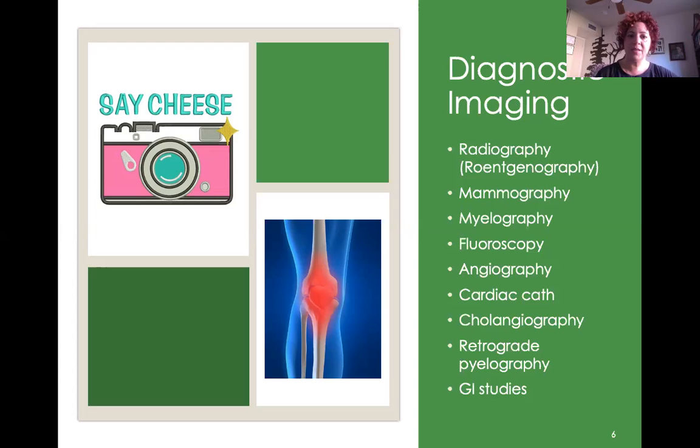But more often than not now, they're electronic, and there may be a computer screen that they will pull those up on. Sometimes they're going to want to see those, especially if it's a breast biopsy. They're going to want to pull up the mammogram so that they can see that. So that's one thing for us to take into consideration.